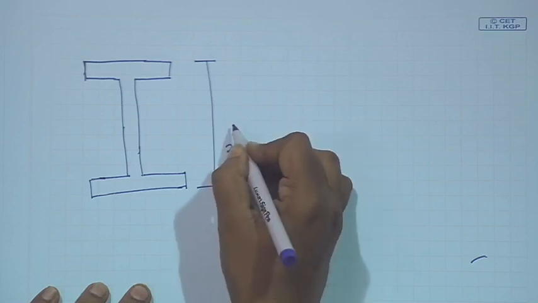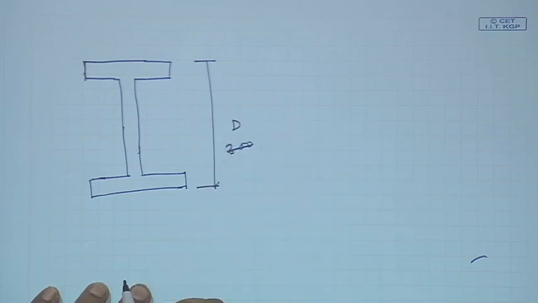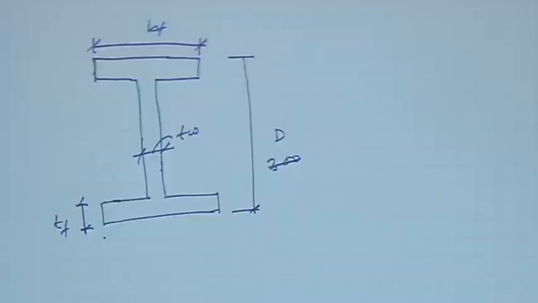Let us make this d. So, the overall depth is d, the width of the flange is bf, the thickness of the flange is tf, and the thickness of the web is tw.